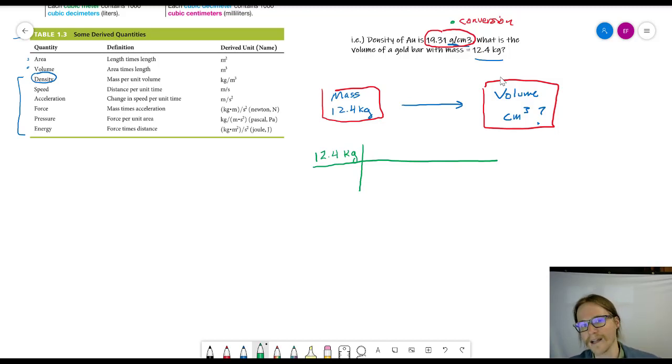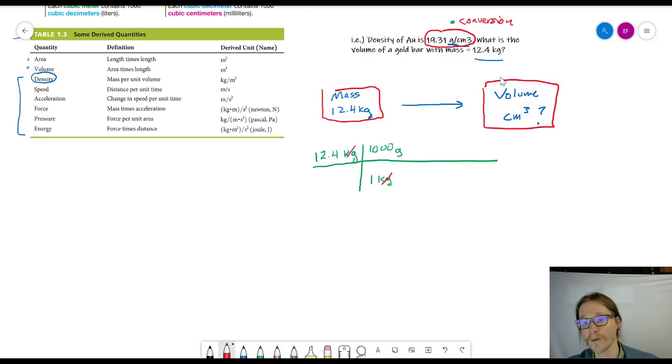And so if we go back to the previous table that represented our prefixes, we know that for every 1 kilogram or kilo of any SI unit, that's going to equate to 1,000 of that SI unit, in this case grams. So we'll go and keep track of our units.